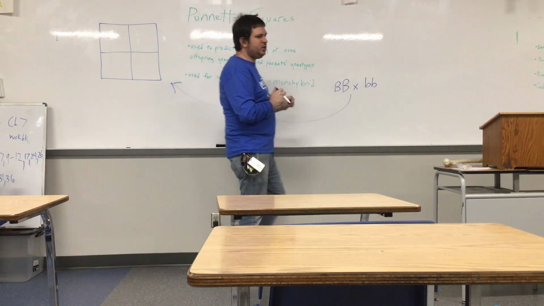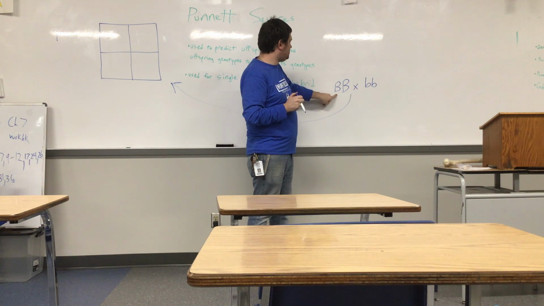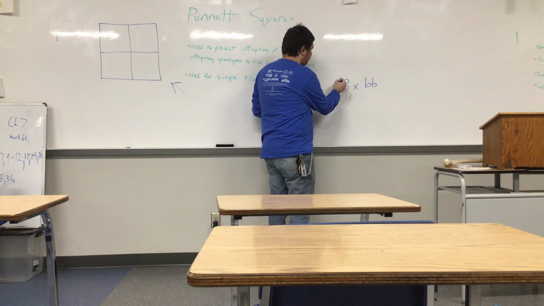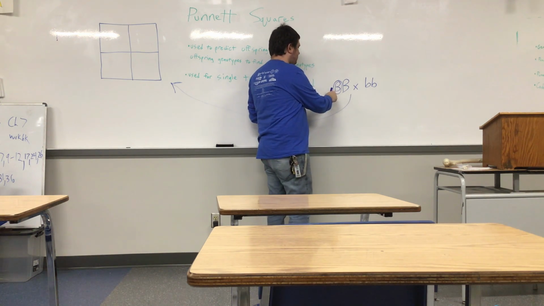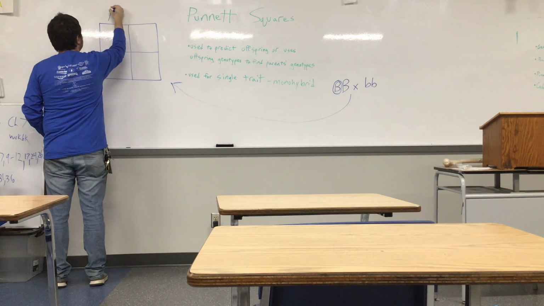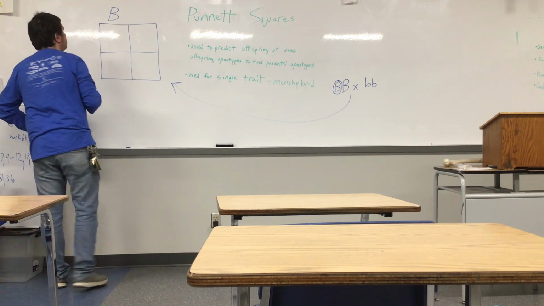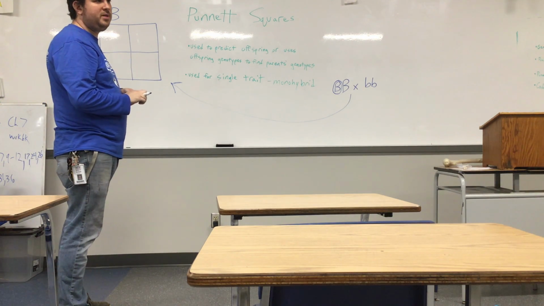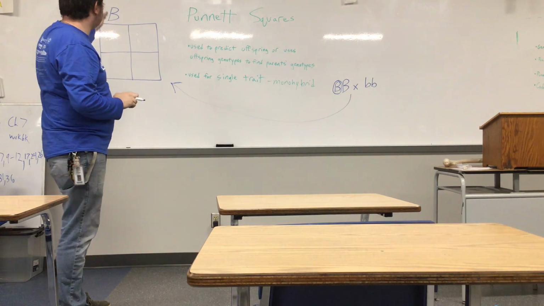You take mom's genotype, which is capital B, and you take this first letter here, which is capital B, and you put it above the first square here, which is also capital B, because it is that first letter.